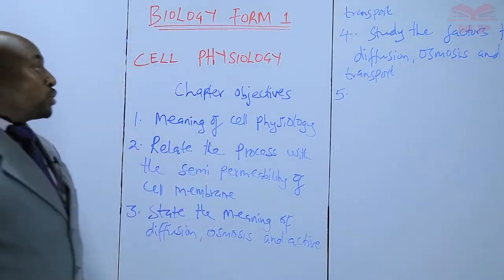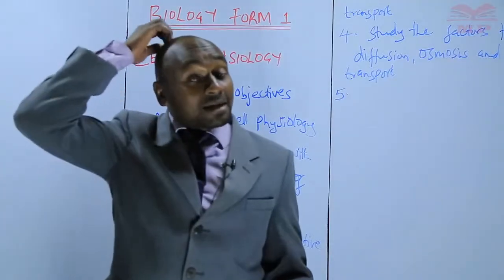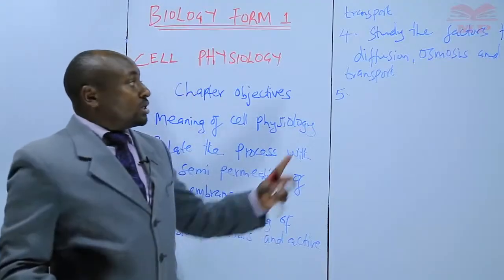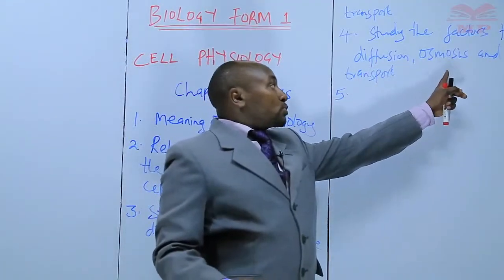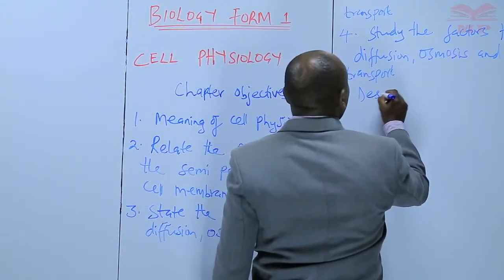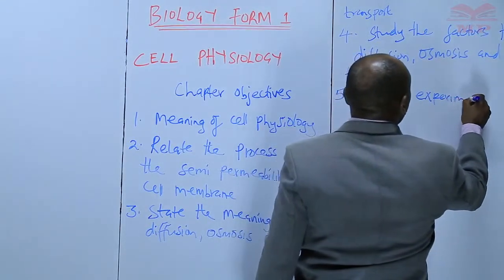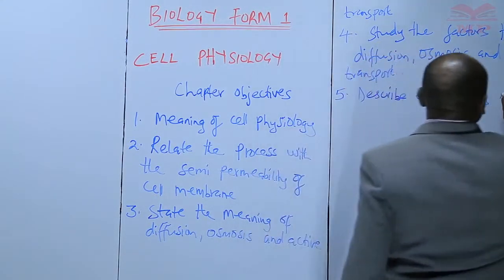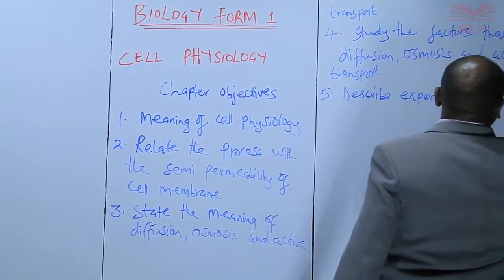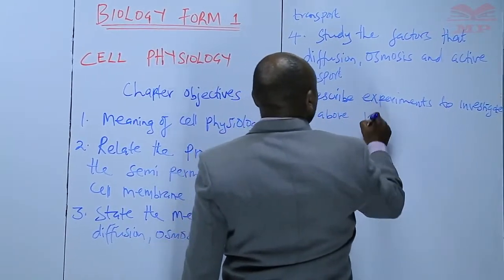We should also be in a position by the end of the topic to describe some of the experiments that one can carry out to investigate diffusion, osmosis, and active transport. So we should be able to describe experiments to investigate the above processes.